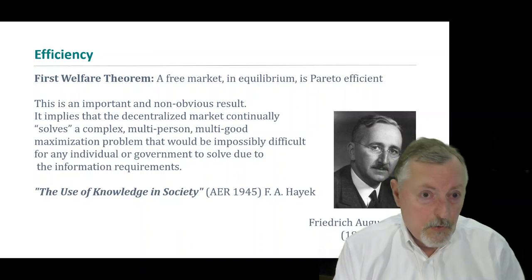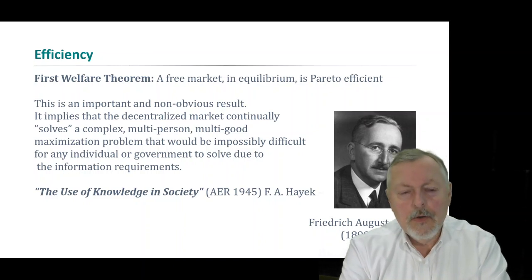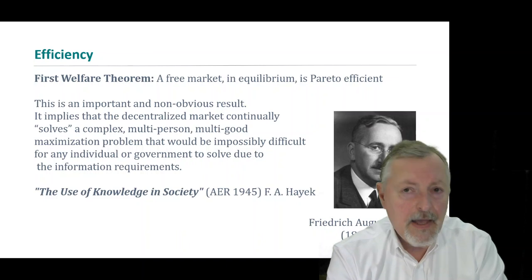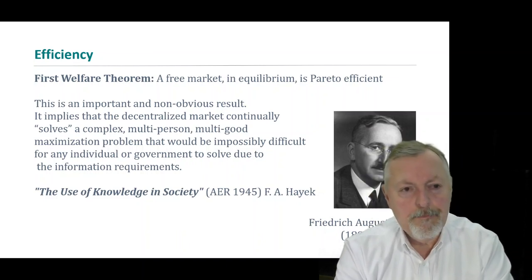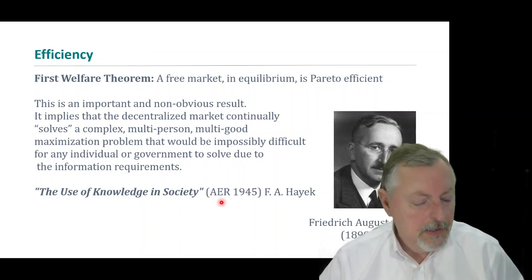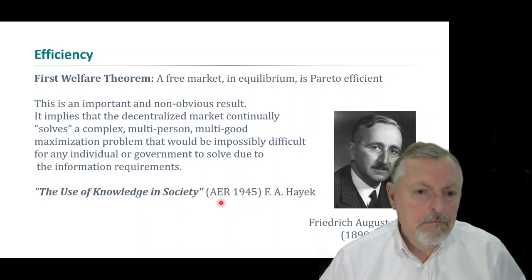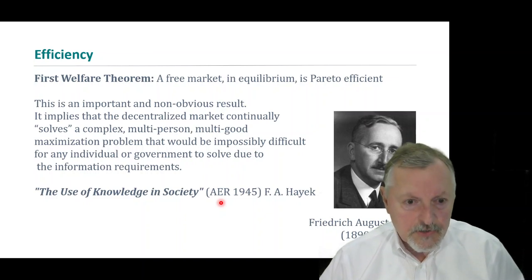The first welfare theorem, that a free market in equilibrium is Pareto efficient, is the core of a paper, The Use of Knowledge in Society, by F.A. Hayek, Friedrich August von Hayek, published in AER in 1945. AER is American Economic Review. That is arguably the top academic journal for economists in the world.